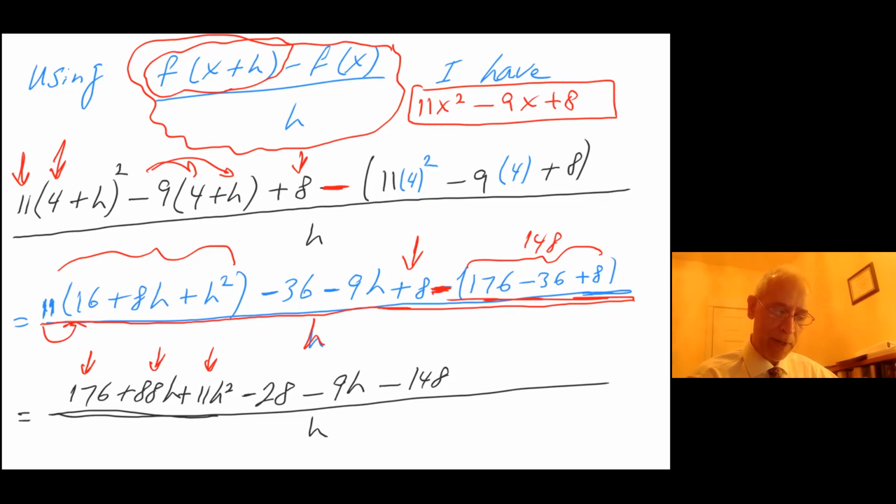Now, I'm going to combine the 8 with minus 36. I get negative 28. And I'm left with negative, and here's my 9, minus 9h. And finally, I have a negative in here times 148 gives me minus 148. I'm going to go to the next page.